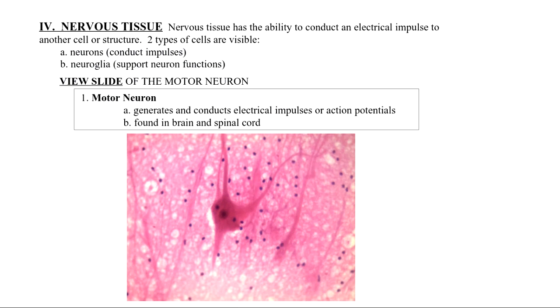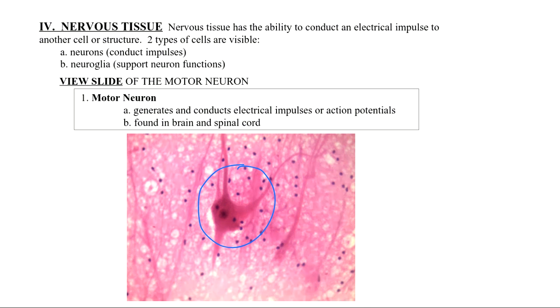And what you're seeing on this picture is what's called a motor neuron. A motor neuron is the thing that generates electrical impulses. So, we'll learn more about how the nervous system works, but essentially what your central nervous system is doing is generating these electrical impulses that communicate messages, or what we also refer to as action potentials.